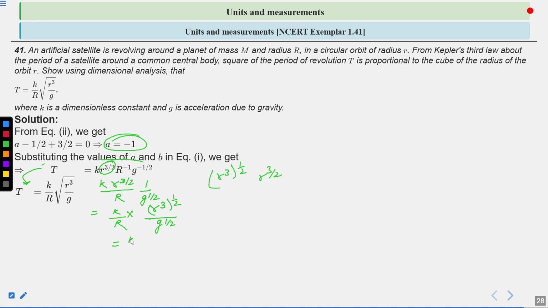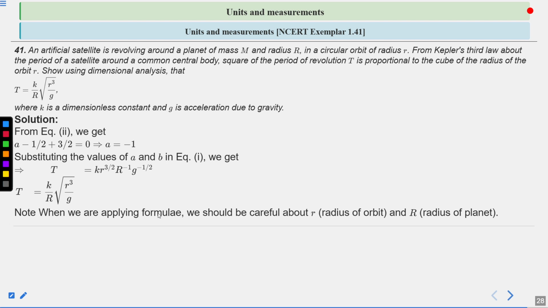So we can say K by r into under root R cube divided by g. Both R and g have the root, so it will be K by r into under root R cube divided by g. So this equation comes like this. Clear?